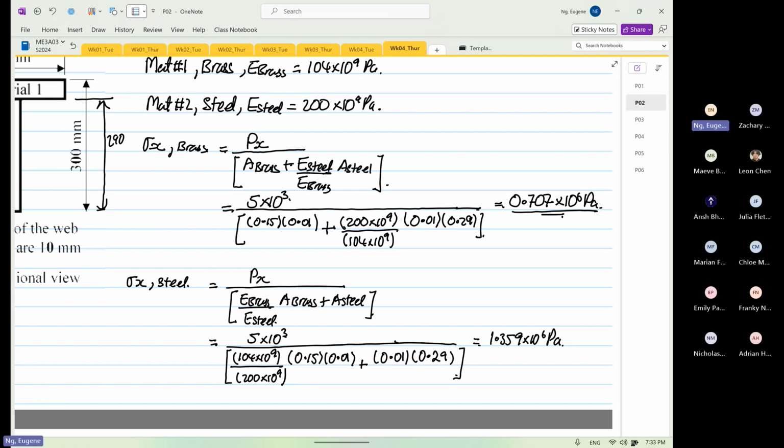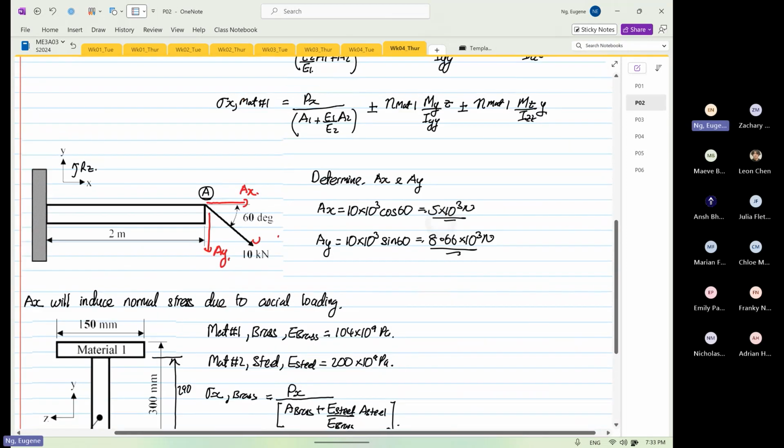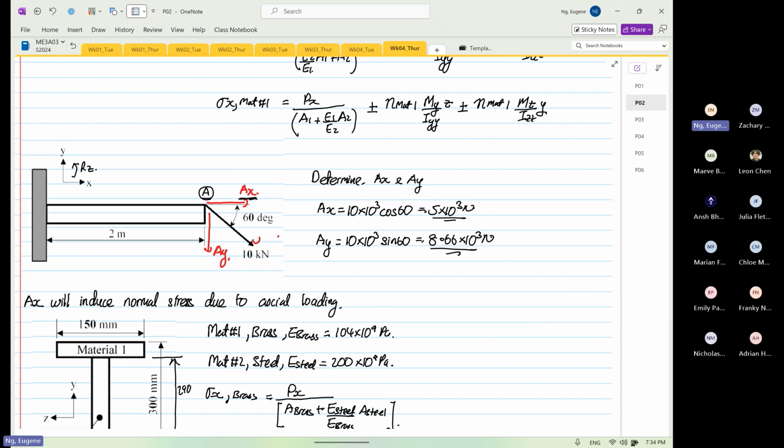Yep, 1.359. Okay. So both will be positive, because if we look at PX or AX, it is holding the structure in tension.